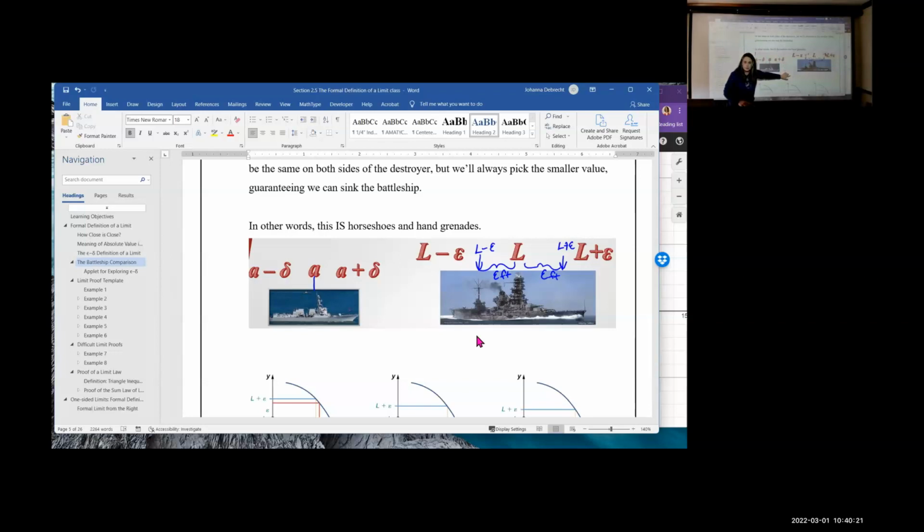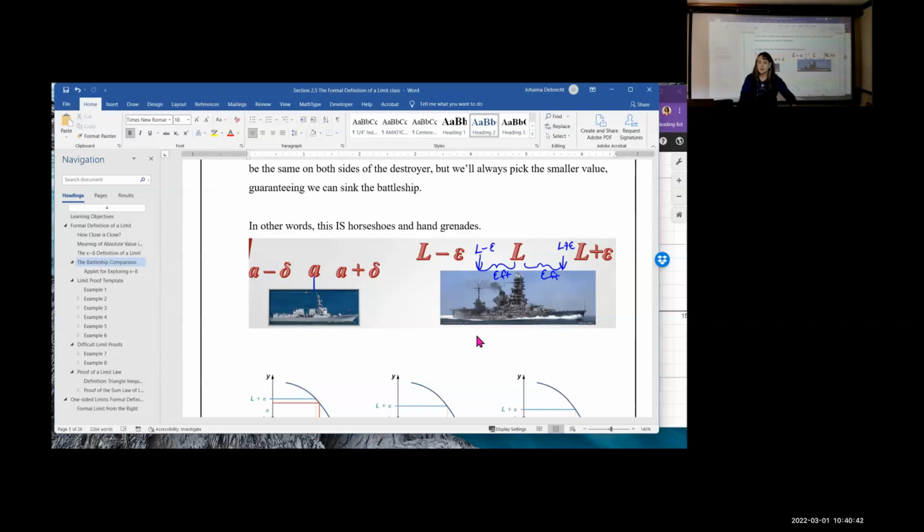It won't hit it. There's a sweet spot on the ocean where, as long as we position the middle of the destroyer within that distance on the ocean, when we fire the missile, it will hit the battleship within the sweet spot of the battleship and sink it.